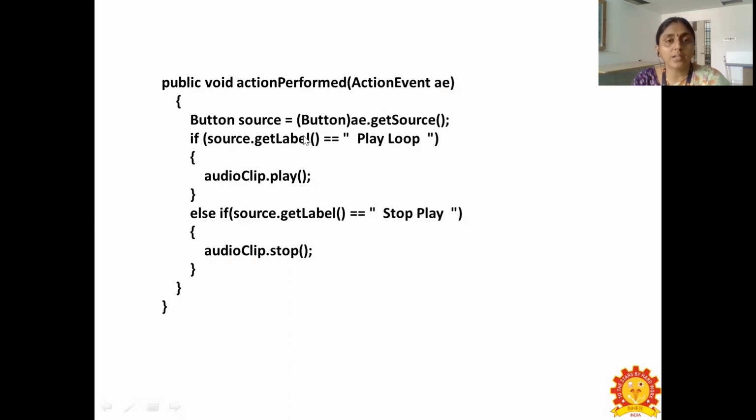And if source.getLabel is equal to play loop, if the label of the source is play loop, then which function do you call? The play function. So audioClip.play. And if the label is stop play, then what function should be called? The audioClip.stop function.